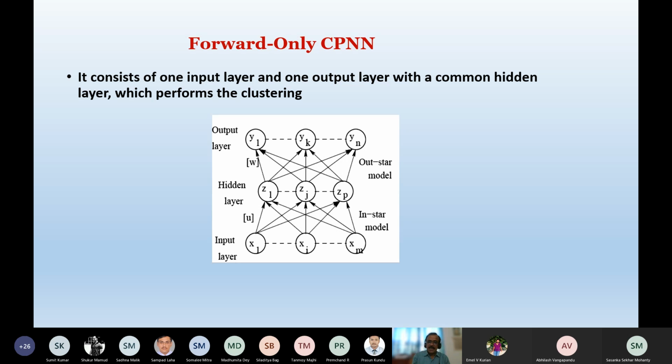A full CPNN consists of two input layers, two output layers, and one hidden layer in between. On the other hand, the forward only CPNN consists of one input layer, only one output layer, and a hidden layer in between. So this forward only CPNN is much simpler compared to the full CPNN.